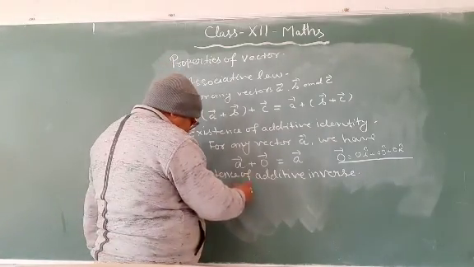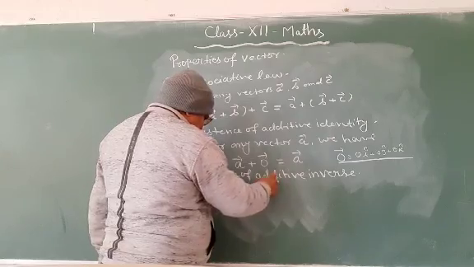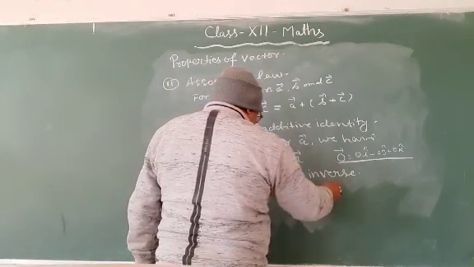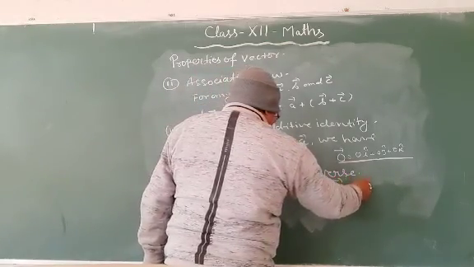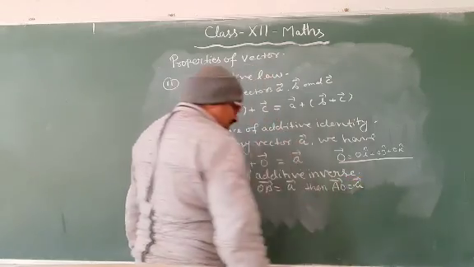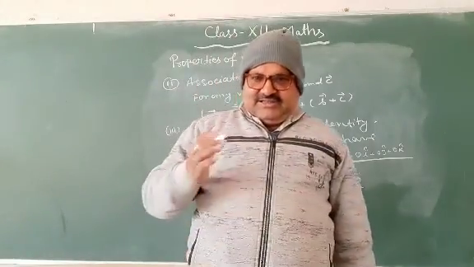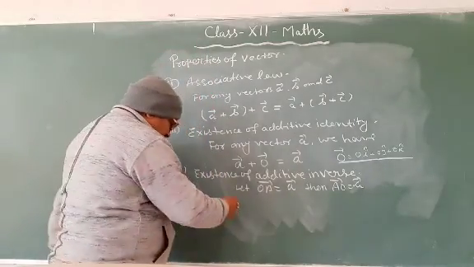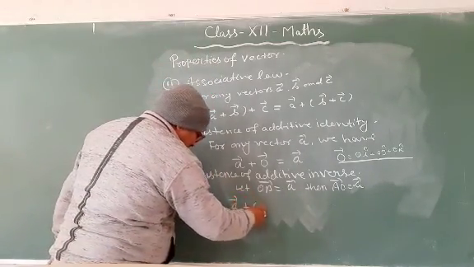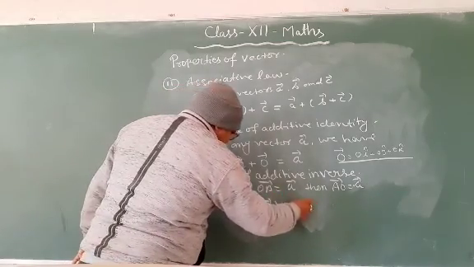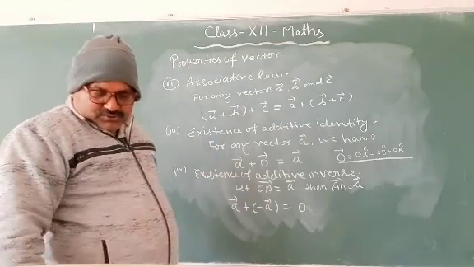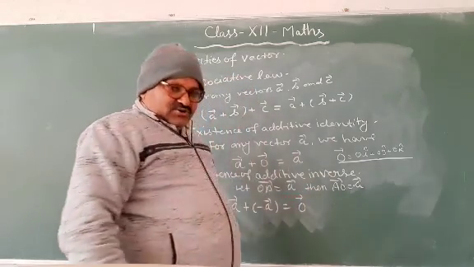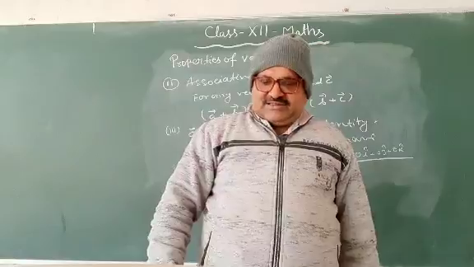Let OA be a vector A, then AO is the vector minus vector A. In this condition, for the existence of additive inverse, vector A plus minus of vector A is equal to 0, that is a zero vector. Such property is the existence of additive inverse.